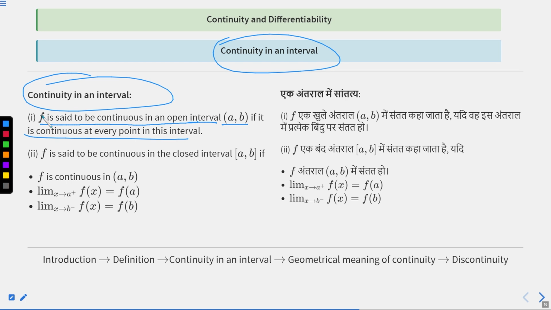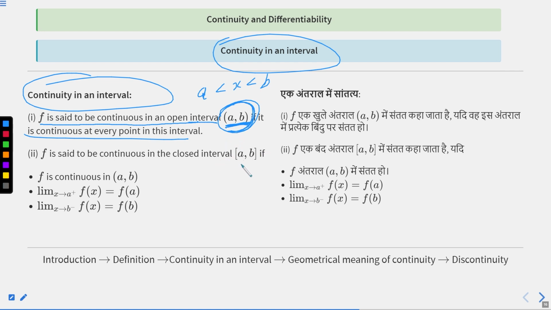So the domain is the open interval (a, b), and the points are all the numbers in between a and b, excluding a and b. So if my function is continuous at every point inside this interval, then I will say my function is continuous in this open interval.